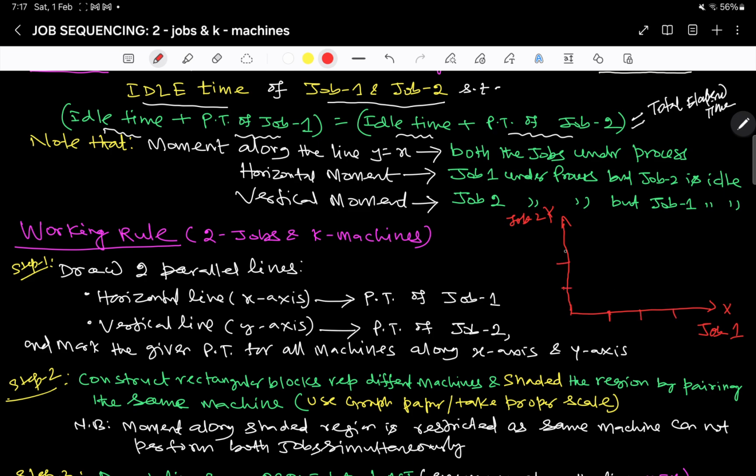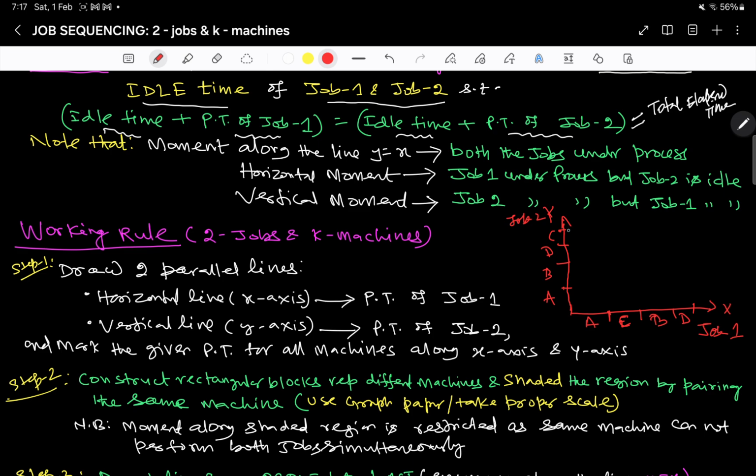We may use graph paper. Suppose the sequence of jobs is given in the order A, B, D, C.